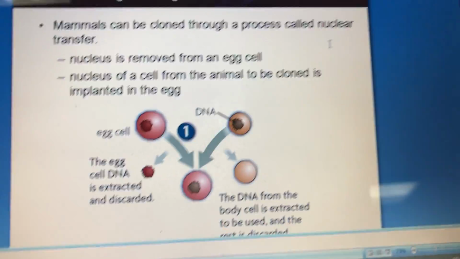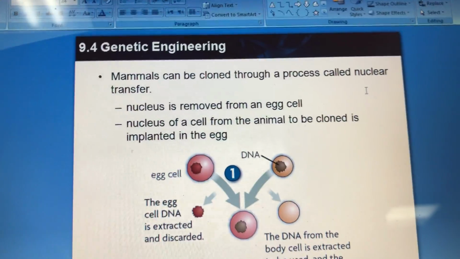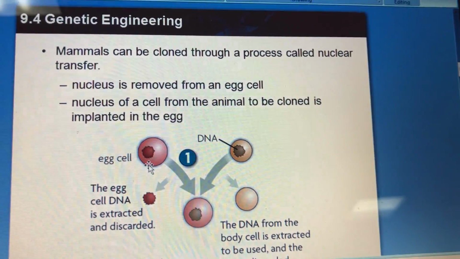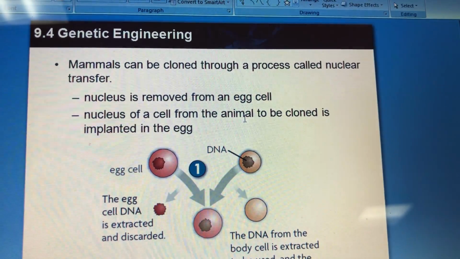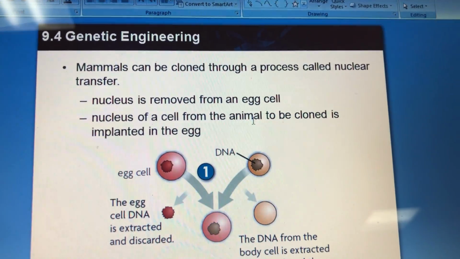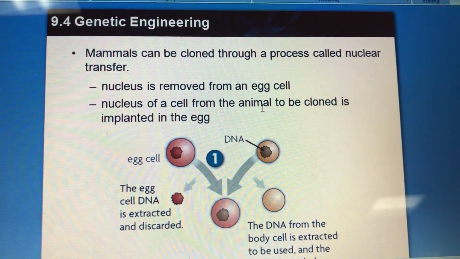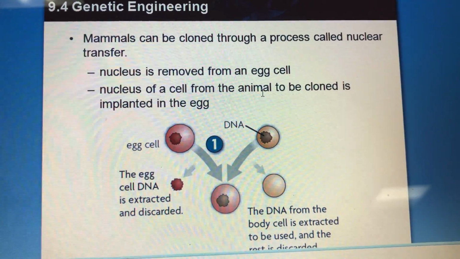So the procedure for this process is they first take a nucleus from an egg cell. They take an egg cell from a sheep. Now they want to make an exact copy of Dolly the sheep.